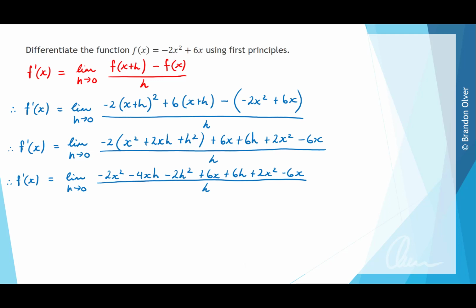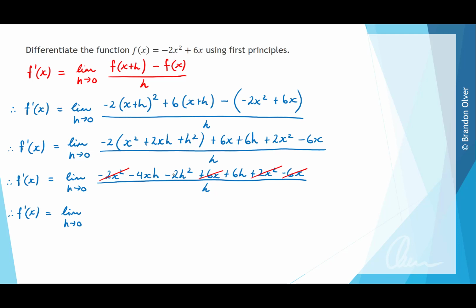Now at this expanded point, you should note that everything that doesn't involve an h as a factor will cancel. So this minus 2x squared will cancel with the positive 2x squared, and this plus 6x will cancel with this negative 6x.